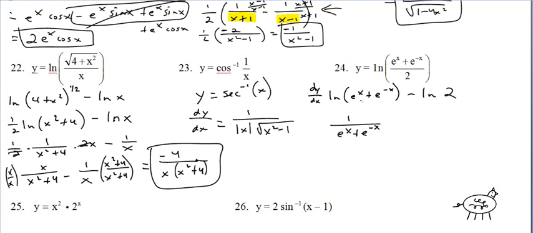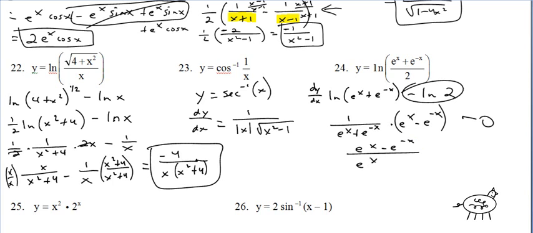And then the derivative inside, isn't that just e to the x? And then it's e to the negative x times negative 1, or negative e to the negative x. Okay, and then, of course, the derivative of that is just 0. So it's minus 0. So I end up getting e to the x minus e to the negative x over e to the x plus e to the negative x.